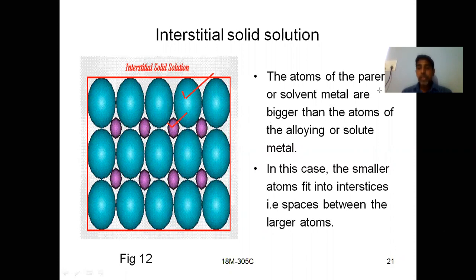Interstices are nothing but the spaces. Whatever space is available between your solvent metal atoms, in those spaces the solute atoms are incorporated. These types of solid solutions are known as interstitial solid solutions.